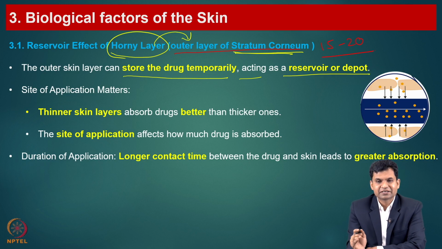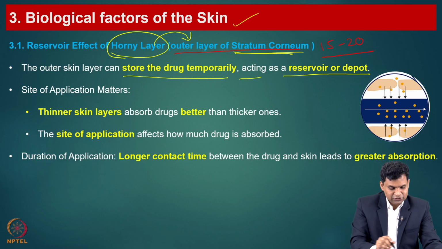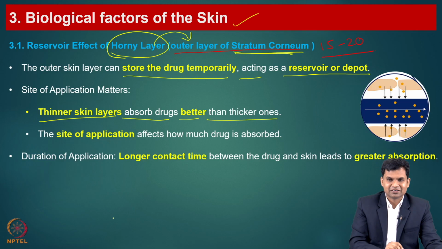It will increase the retention time of the formulation at the site of administration. The site of application also matters, as we are discussing the physiology and biological factors. Thinner skin layers absorb drugs better than thicker ones.